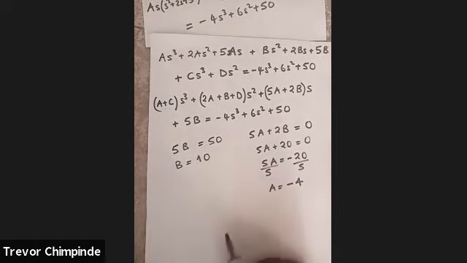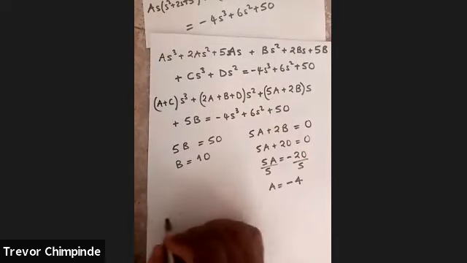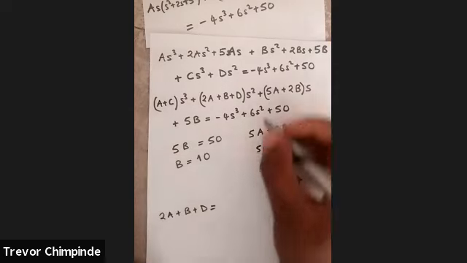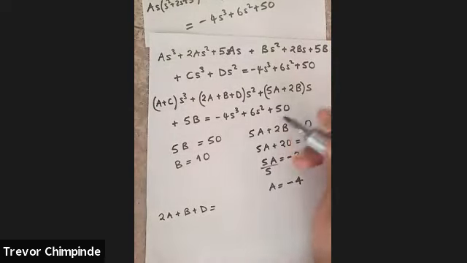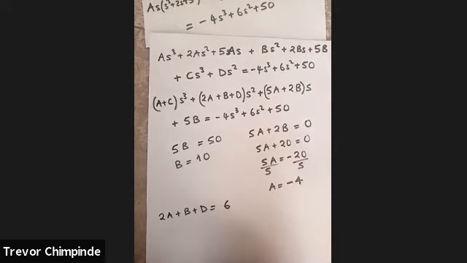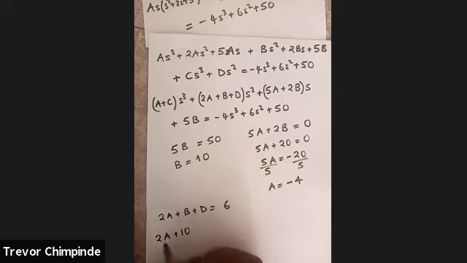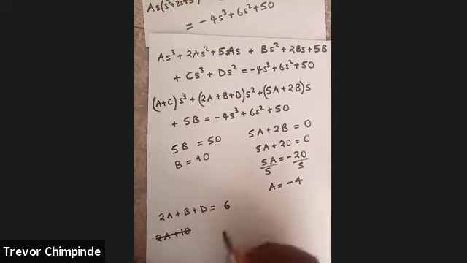How about the coefficient of s squared? So we have that 2a plus b plus d is equal to the coefficient of s squared on the right hand side, which is 6. So it's 2a, b is 10, so plus 10. We have found a, so I cancel this.